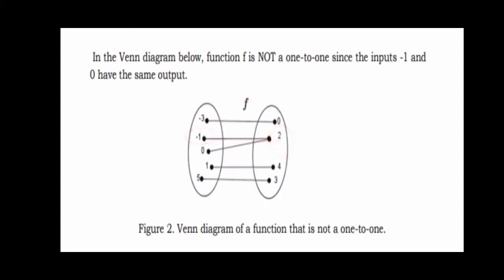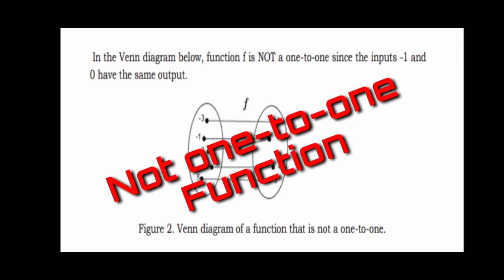Next, negative 1 going to 2. 0 going to 2 again. Therefore, there are two values, negative 1 and 0, going to positive 2. Therefore, that is not considered a one-to-one function anymore. This means that the given Venn diagram is not a one-to-one function.